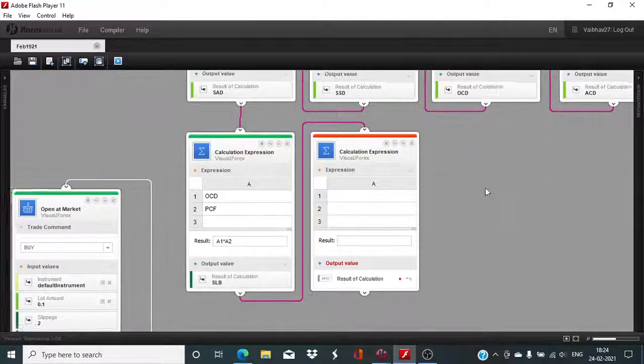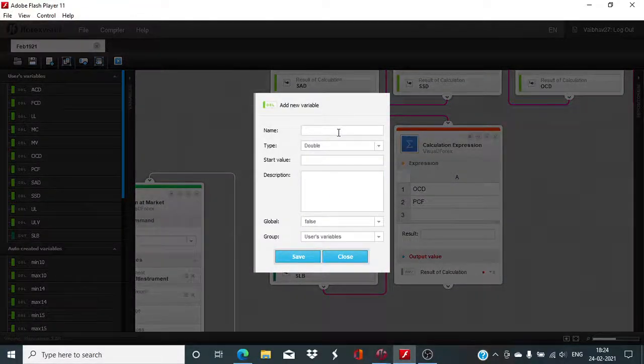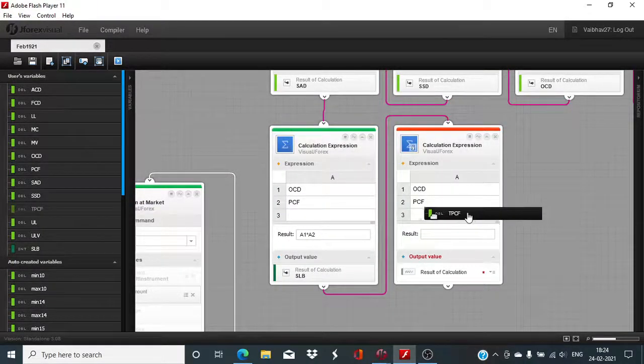All we have to do is take OCD, PCF and a new variable, target price conversion factor, which will be 2, and this calculation will be A1 into A2 into A3.